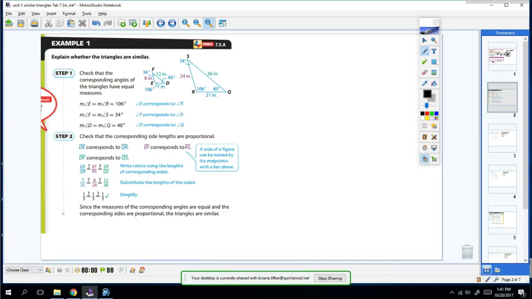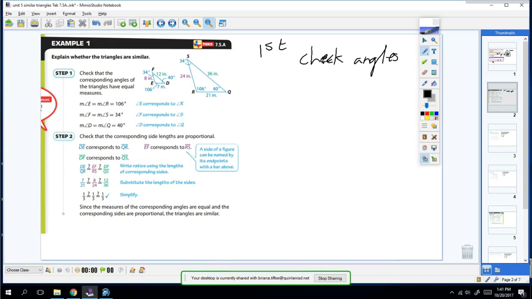All right, let's look at our first example. Your first example says, explain whether the triangles are similar. The first thing I always do is check the angles. The angles have to be equal, okay?